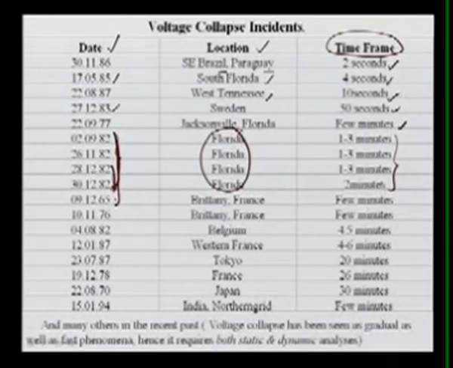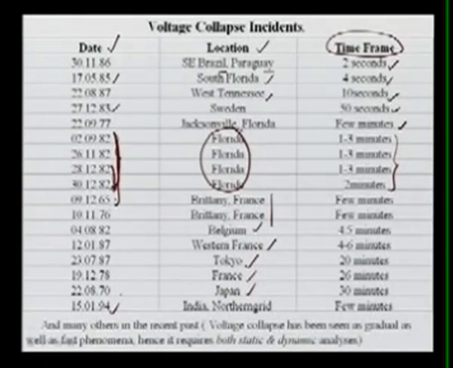Then others happened in France, Belgium, France and Japan, and in India in 1994, in the northern grid, for a few minutes.